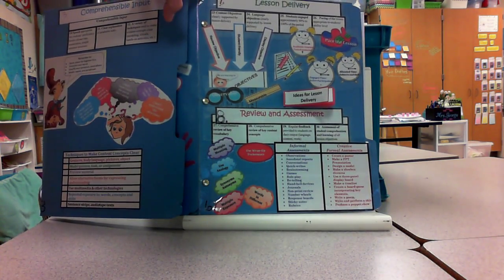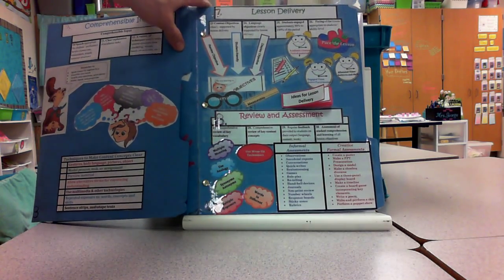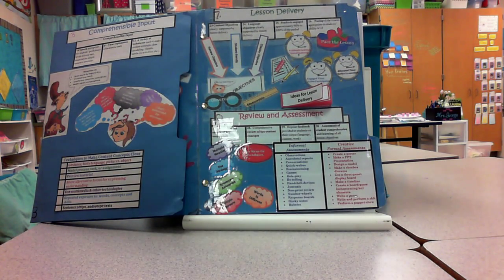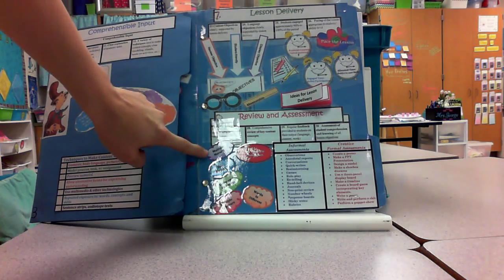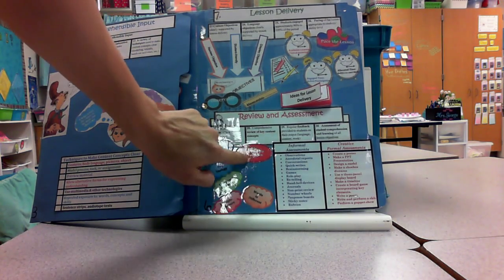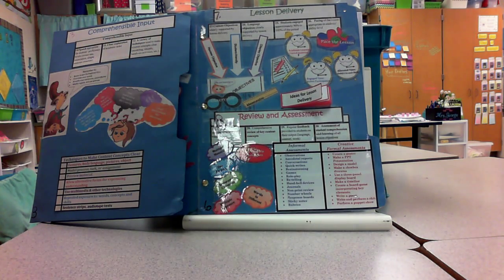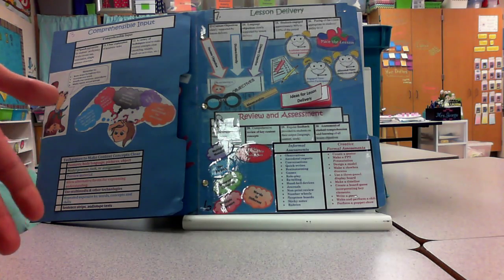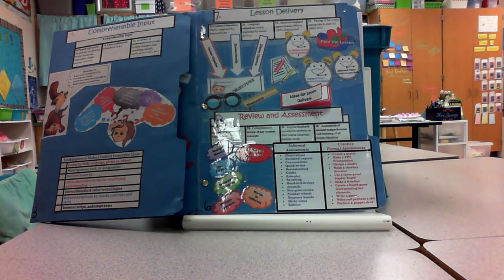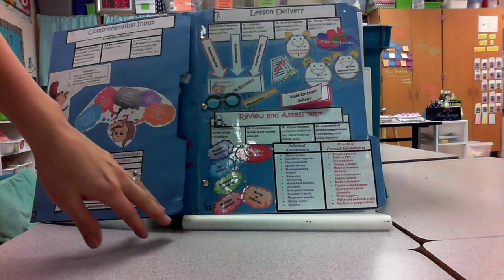Okay, so this next one, the last one, I don't know if you can see it because of the glare, is the 8th SIOP indicator, which is the last one, review and assessment. So these little cloud cutouts here, as well as this one, the clouds are supposed to represent how you can review key vocabulary and wrap-up techniques, to review key concepts, such as exit tickets or talking to your partner or writing in a journal.